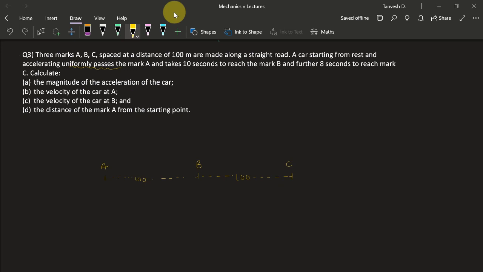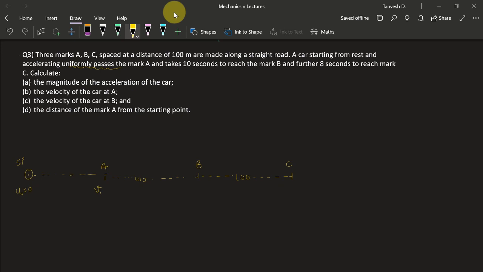Let us say that this is the starting point from where it starts, and that distance we do not know, right? But it is the starting point, so u has to be equal to 0, or u1 I will say it is equal to 0, and when it reaches point A, let's say it has a final velocity v1.